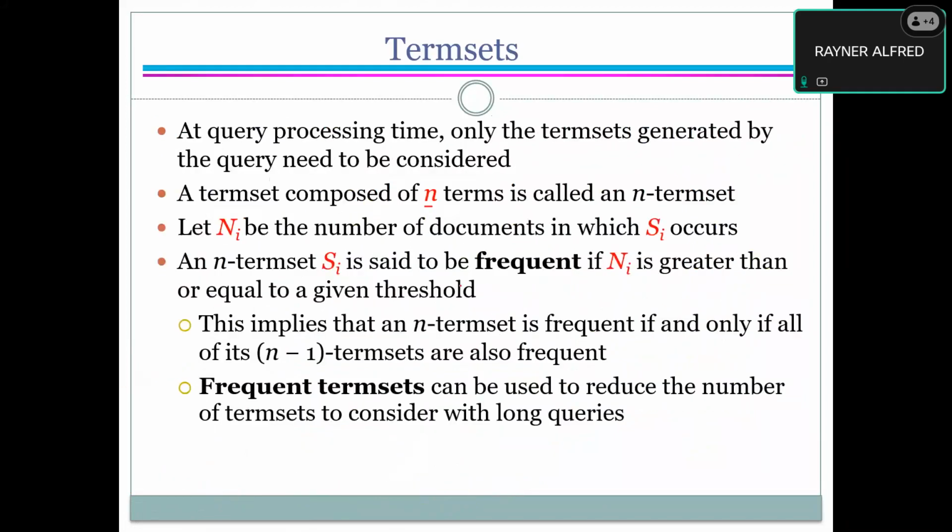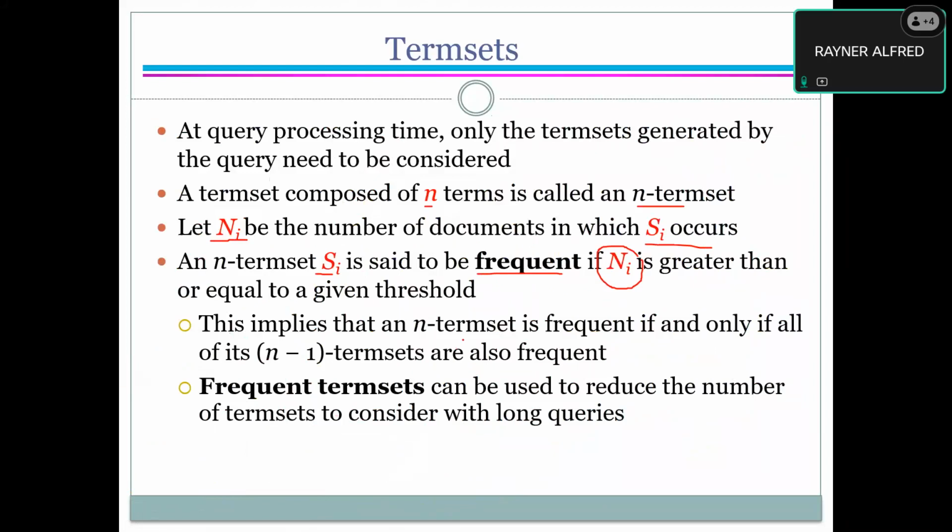So that is what we call the n term set. Okay, let's suppose this capital Ni be the number of document which consists this term set. So we can set a threshold here to say that if that term set is frequent or not, depending on what is the value that we want to have for this one.